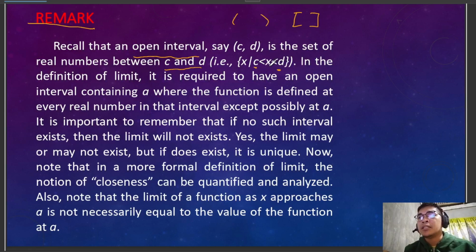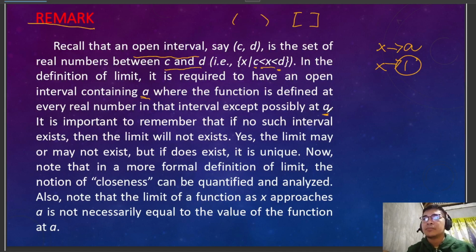So that is greater than c but less than d. In the definition of limit, it is required to have an open interval containing a. So if x approaches 1, it contains what? An open interval containing 1, where the function is defined at every real number in that interval except possibly a.